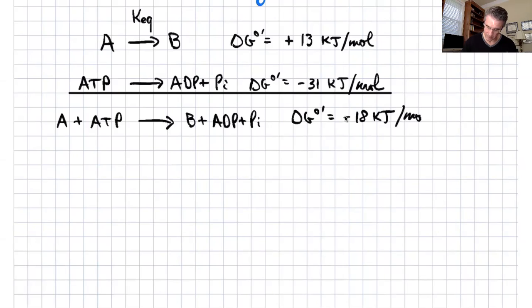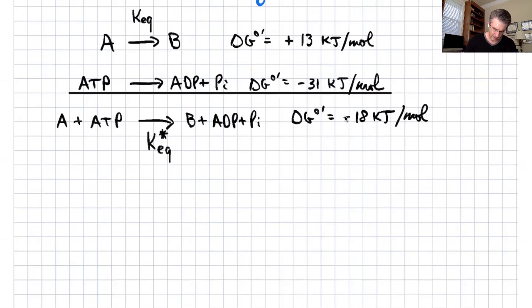So by coupling this unfavorable but essential reaction to the favorable hydrolysis of ATP, we've made it happen. And we can write this out. We call the equilibrium constant for A to B, the one we really need to get going, Keq. And just to illustrate this, we'll call the overall coupled to ATP Keq prime.